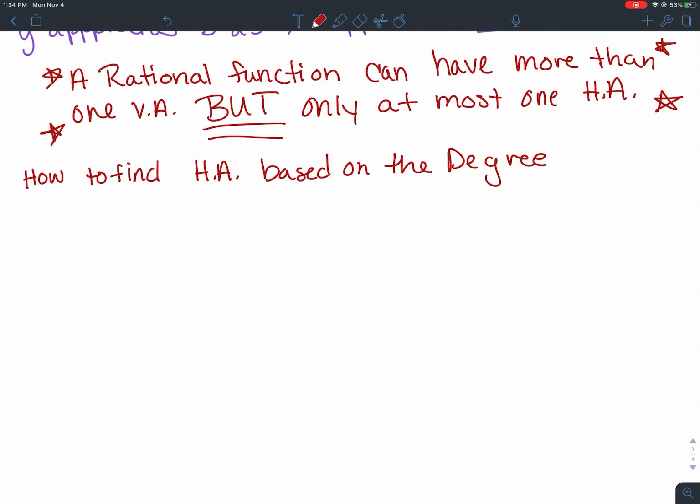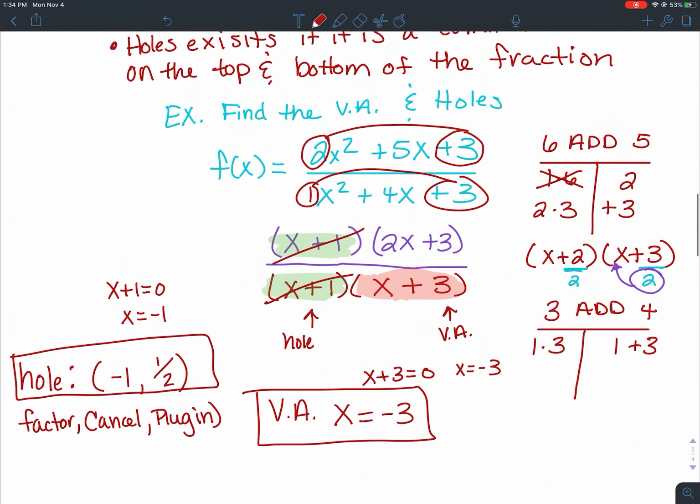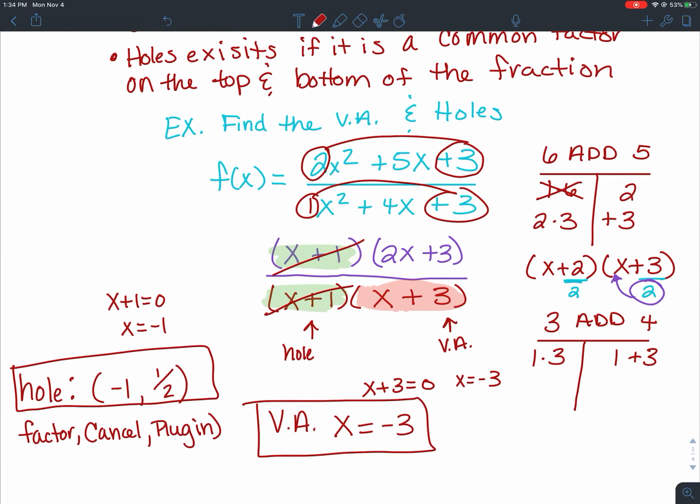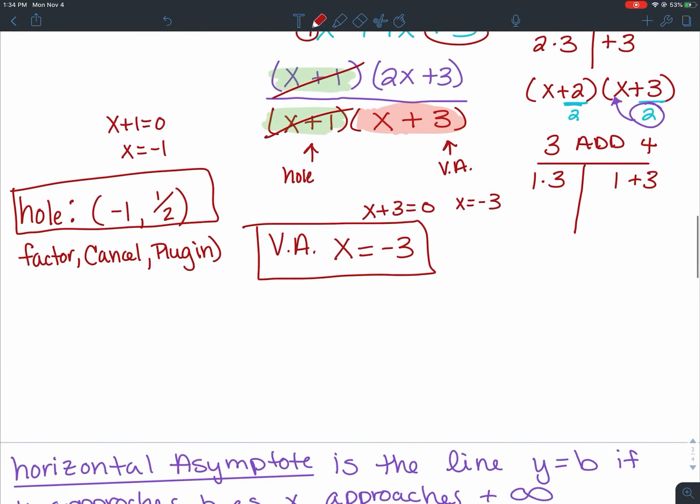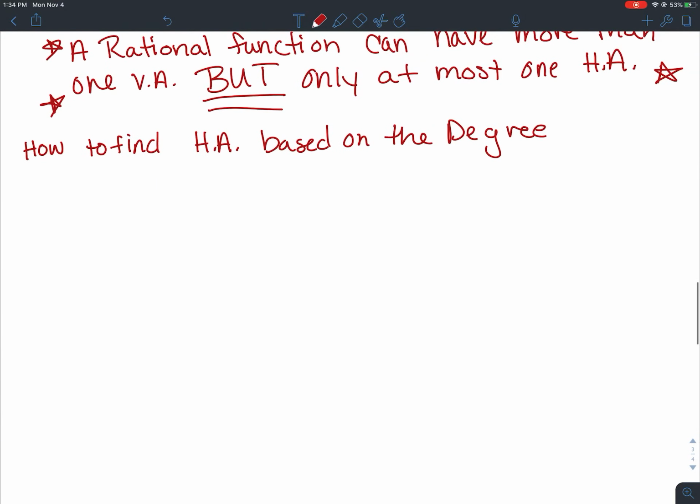So I'm not talking about when it's canceled. I'm talking about the original problem, where it's in simplest form, a quadratic, cubic, whatever on top, and a quadratic, cubic, linear on the bottom. Not factors.